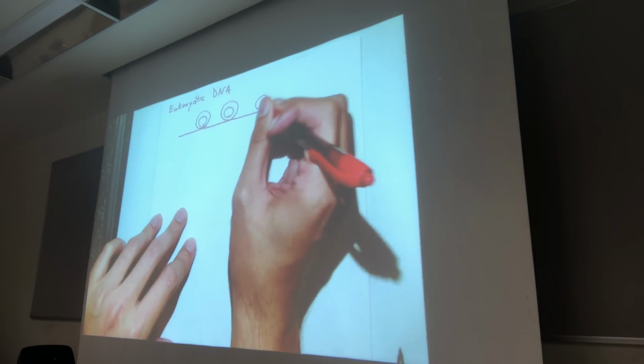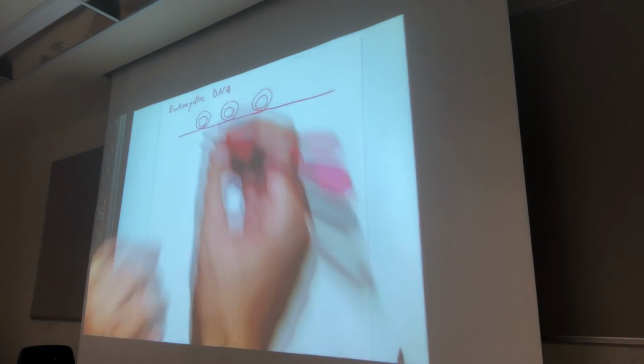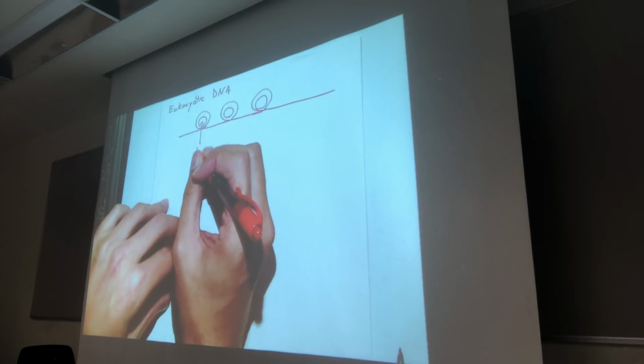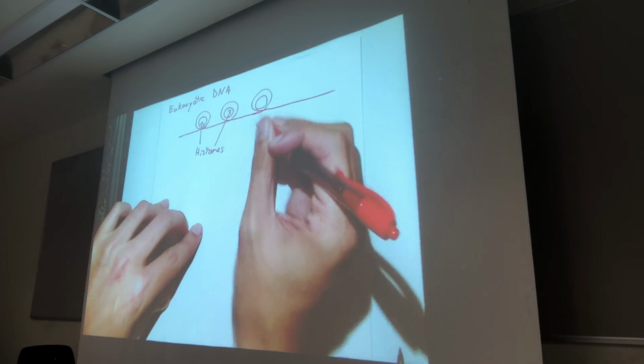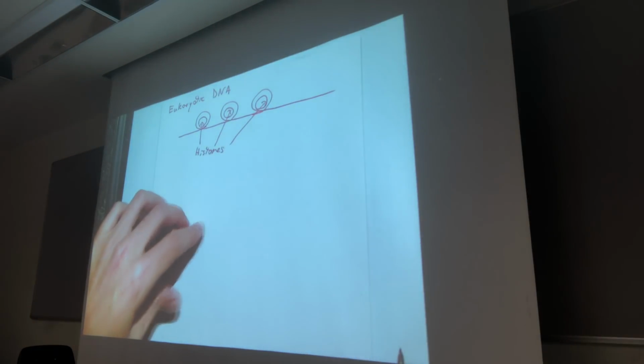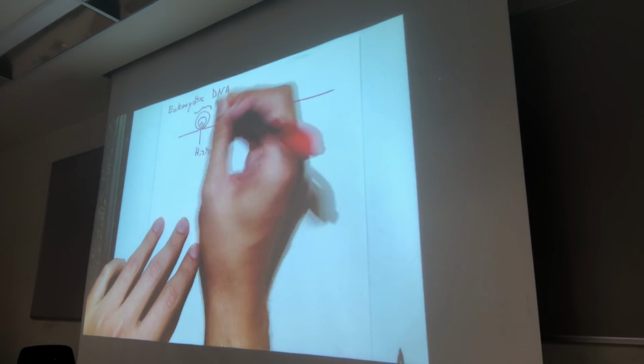Okay, DNA is wrapped around these things. So these are histones. And when DNA is wrapped around them, they call that unit a nucleosome.